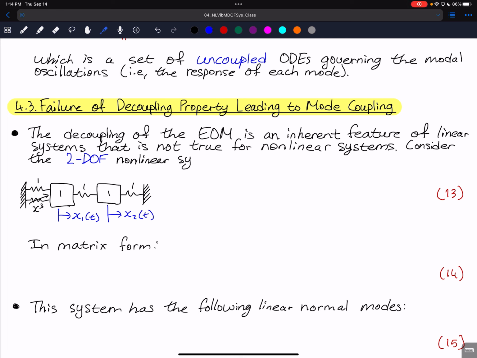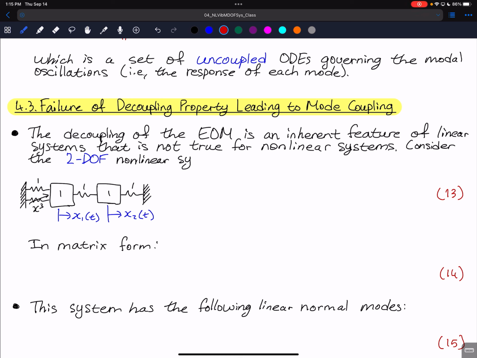To do that, we are going to look at just a 2-degree-of-freedom system shown here with a single nonlinearity, this x cubed term right here. I'm about to write out what the equations of motion are. We're going to use the underlying linear normal modes to try and decompose this, and then we'll see what ends up happening.